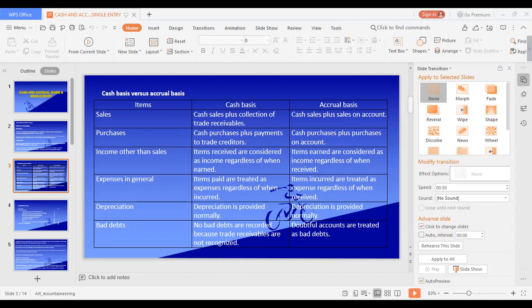So we have letter A. Next, we have 14-5. In 14-5, the question is asking for the amount of insurance premium paid in the current year. So we have now charges to insurance expense during the year, including year-end adjustment of 25,000.